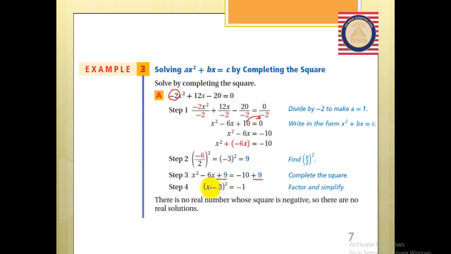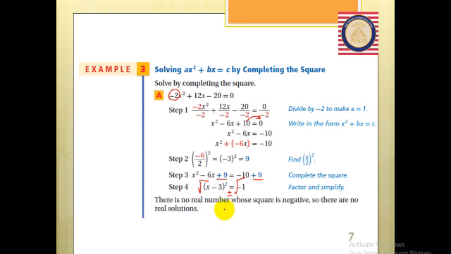And what about the sign? I'm going to take the sign of the middle term, negative, so I'm going to put negative here. And here, negative 1. If I take the square root of both sides, don't forget the plus or minus. Do I have a square root of a negative number in the real numbers?